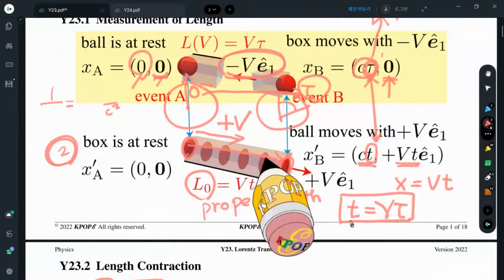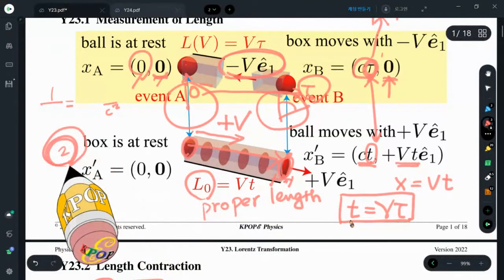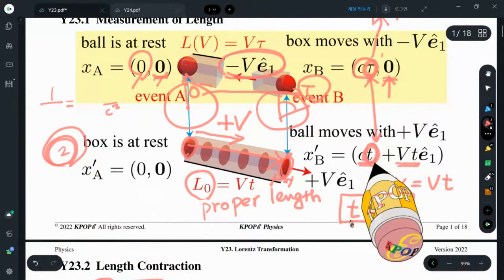Therefore, the time that I measure in the box's rest frame is not tau; instead we measure time called t.